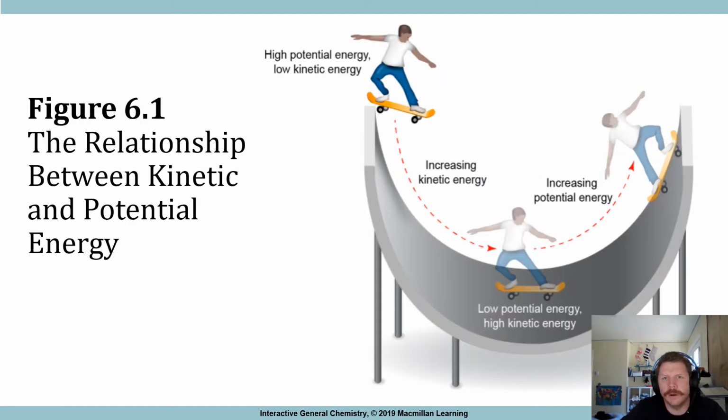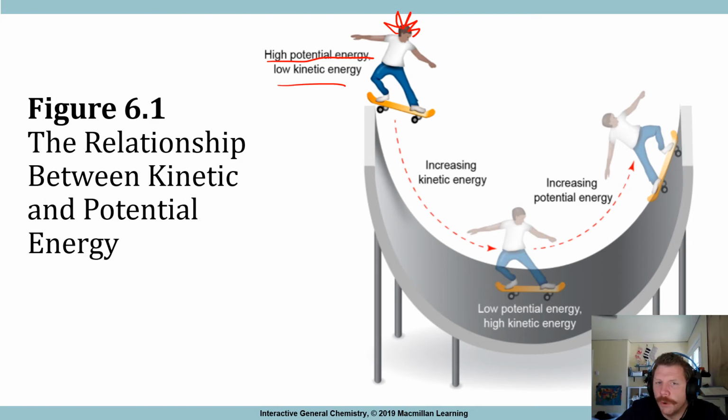Now, here is our comparison of potential energy and kinetic energy and how they flow into one another. Right now we've got a skateboarder with a mohawk. Where the skateboarder is not moving, they have a high amount of potential energy and a low amount of kinetic energy.